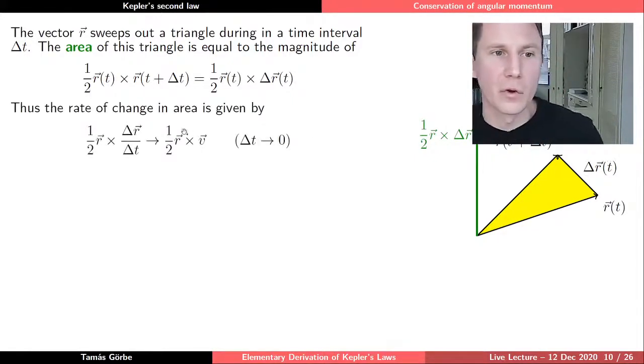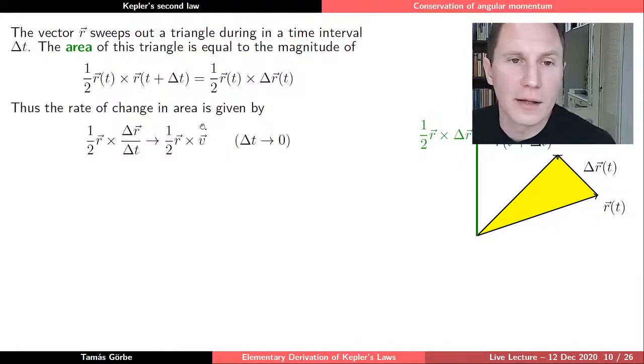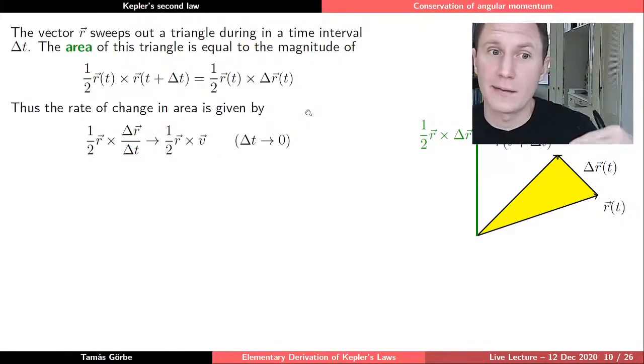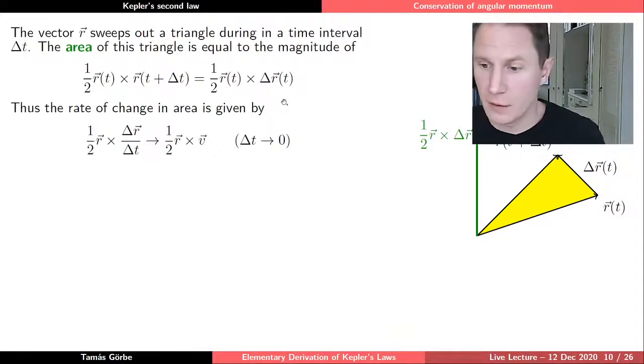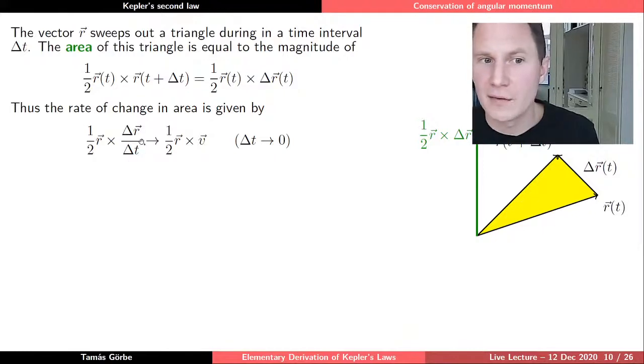Okay, so the rate of change in area is now given by this vector divided by the time interval that has passed. If you divide this vector by delta t, what you see appearing is delta r over delta t.